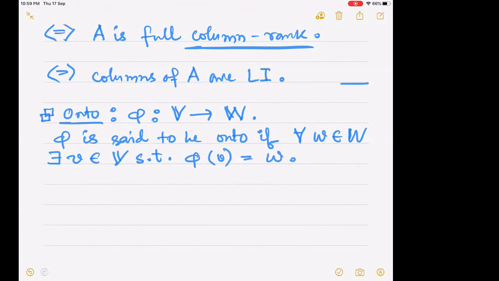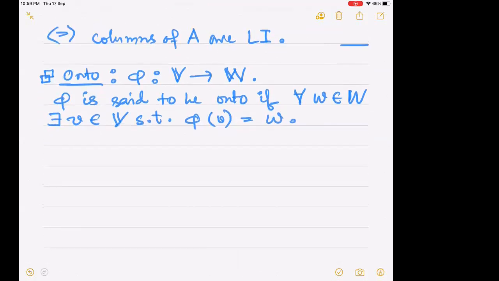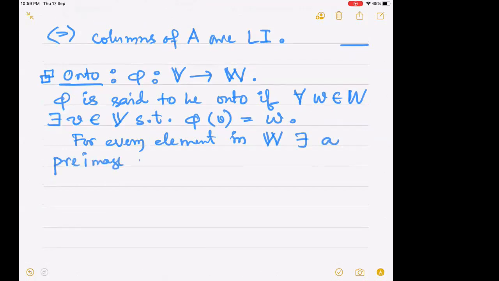That means for every element in W, there exists a pre-image of it in V under the map phi.